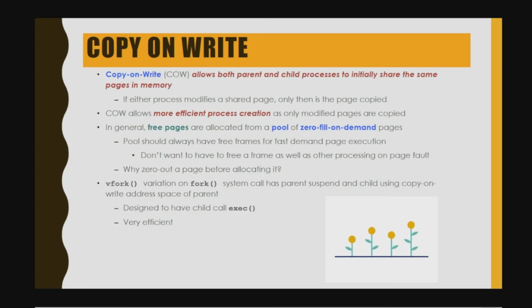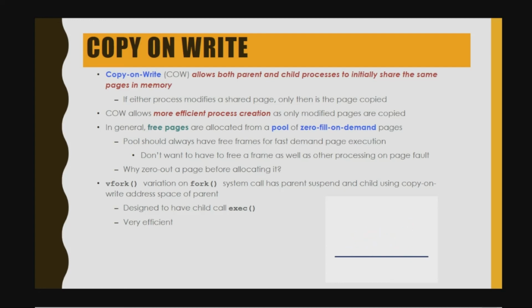Next part is about copy on write, or COW. Copy on write allows both parent and child processes to initially share the same pages in memory. Only if either process modifies a shared page is the page copied. So copy on write allows more efficient process creation, as only modified pages are copied.